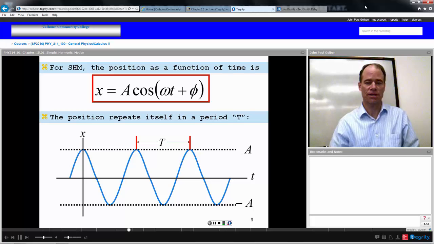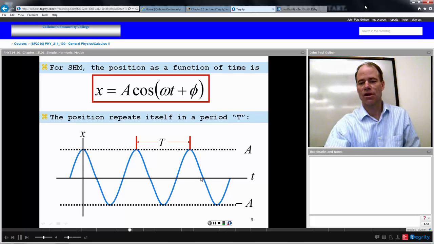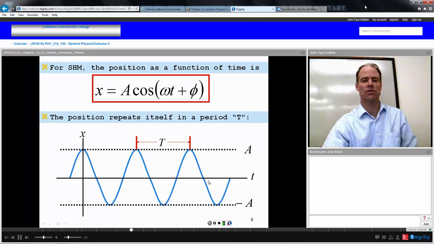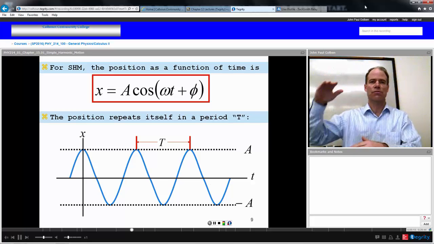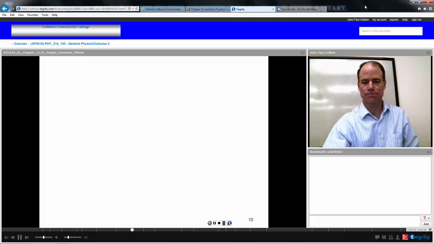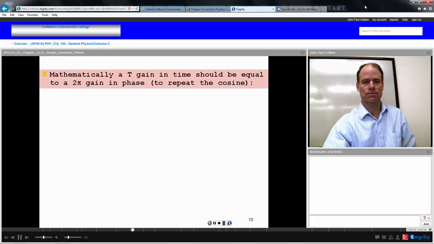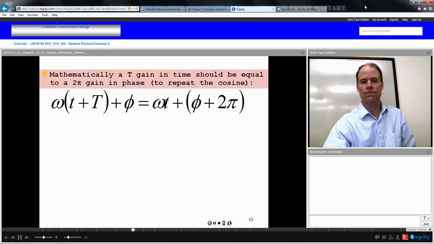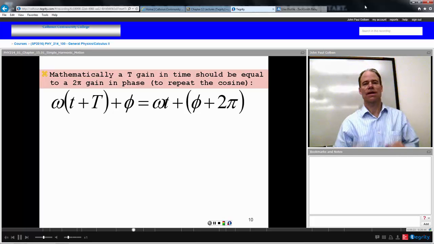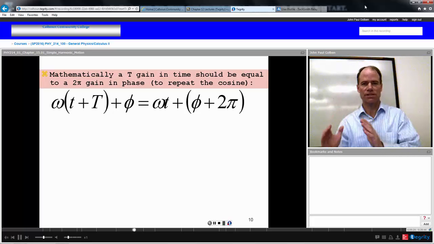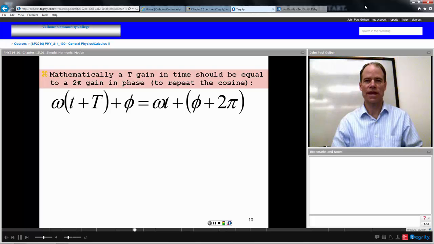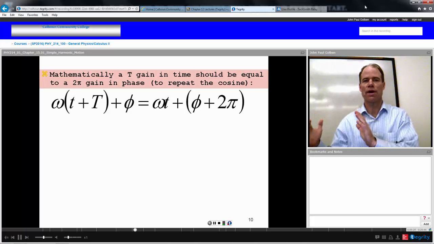the period T. On the other hand, I'm also going to extend my function through an amplitude, either in the positive direction or in the negative direction, as my cosine function goes from positive 1 to negative 1. So mathematically, a gain in time of 1 period T should be equal to a gain in phase of 2 pi radians.